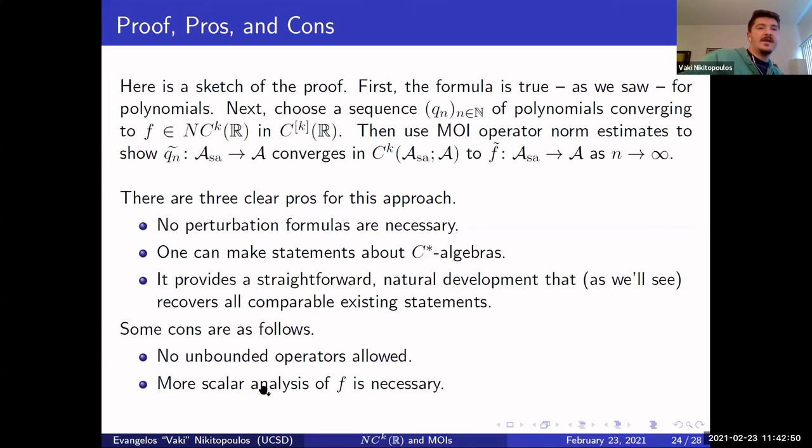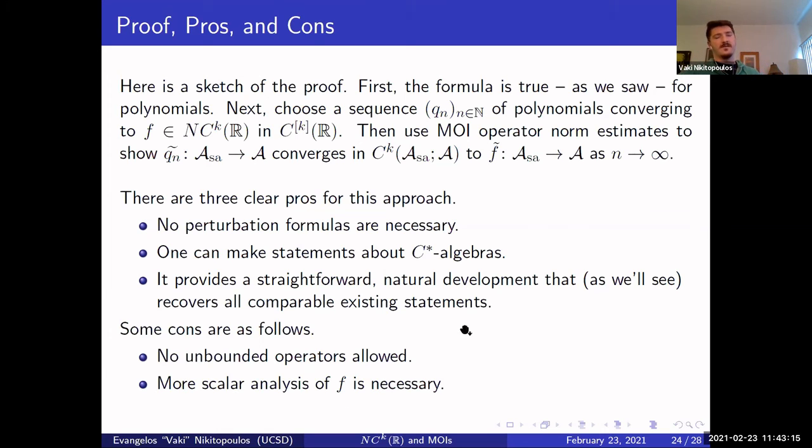And then second, in order to show F belongs to NCK, sometimes you have to do a reasonable amount of scalar analysis on F to show that, meaning that previous criteria were just in terms of more familiar function spaces. And you have to prove that those familiar function spaces actually belong to NCK in order to show that you've generalized previous results.